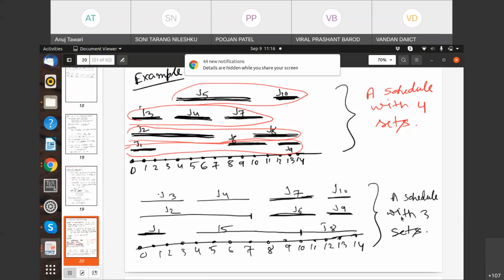Sir, for every interval of time, the maximum number of intersections of jobs is 3. Yeah, exactly. And so we want to do 2 things.